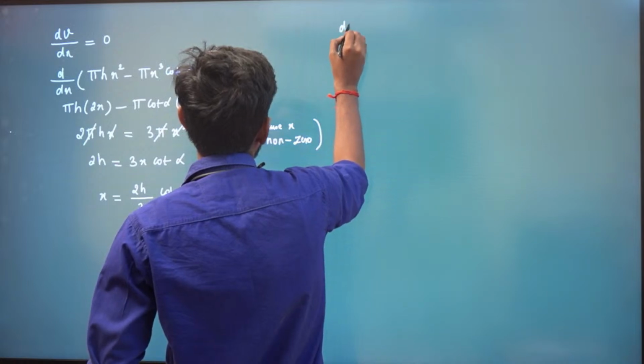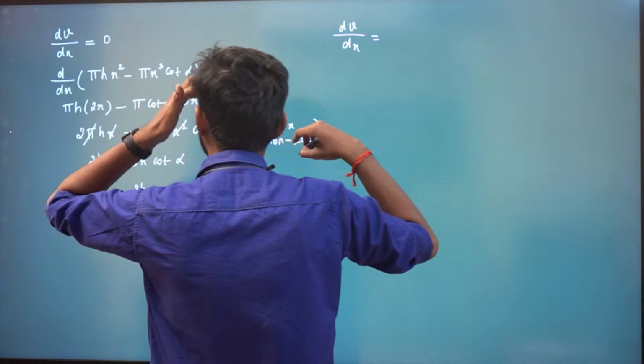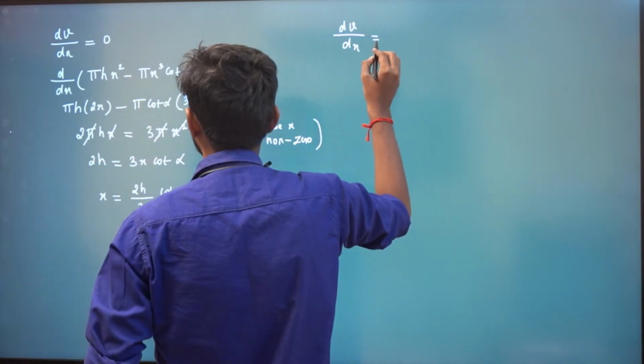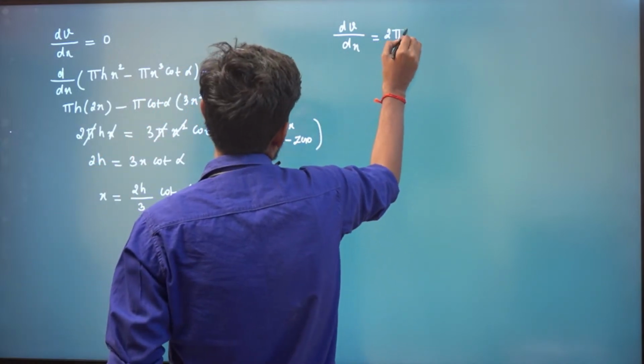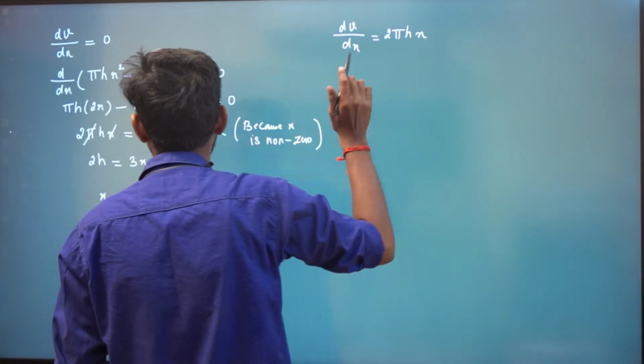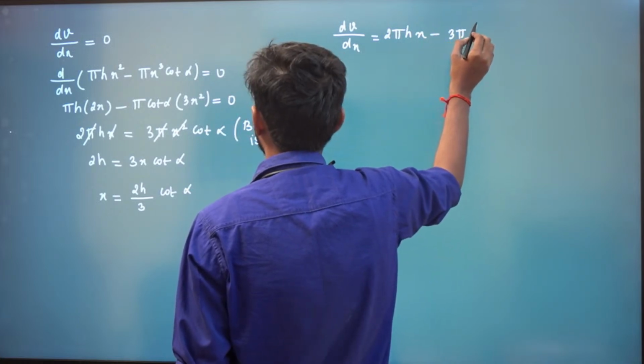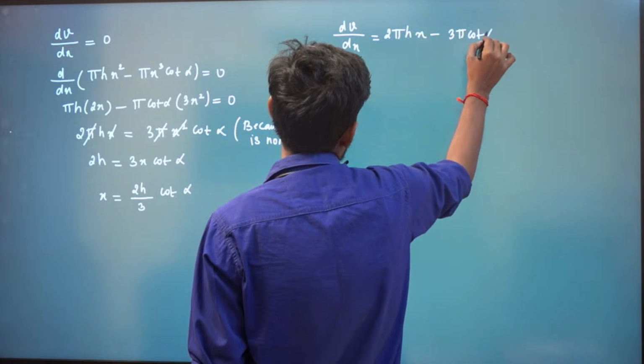So what is your first derivative? This is your first derivative: 2 pi h x minus 3 pi cot alpha x square.